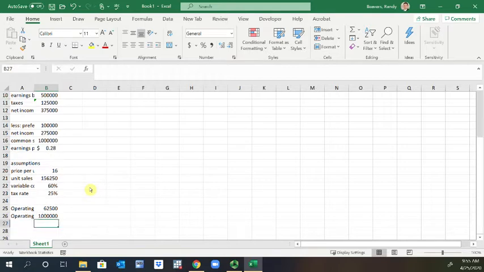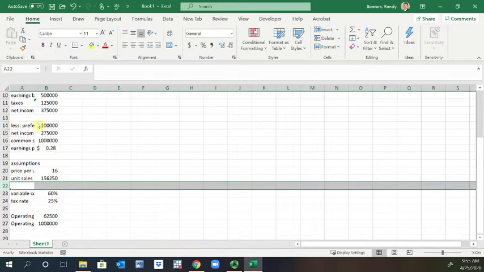There are some other break-even points. So what we're going to do is add a row.